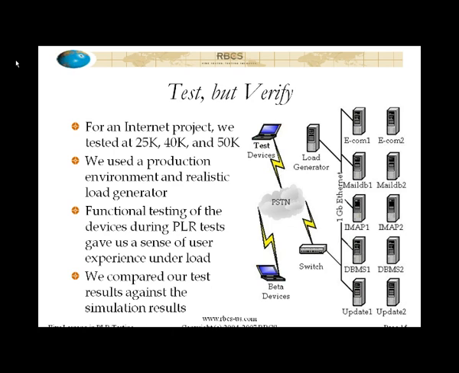And we had a realistic load generator, constructed out of pieces given to us by the developers, who had been using them to do performance testing at the unit level, more on that later. We used the load generator to crank up to 25,000, 40,000, and 50,000 levels of load.